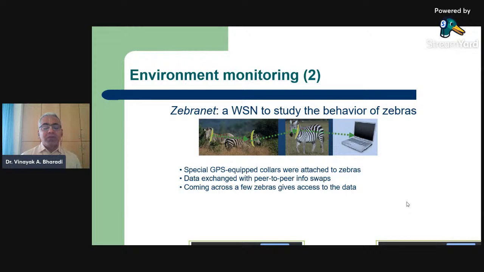Again, we have seen this application in tracking of leopards in India. We have also seen cases where leopards leave their residence and come into urban territory, so they have to be sent back to their own habitat. To see how they are moving, these WSN networks are there.